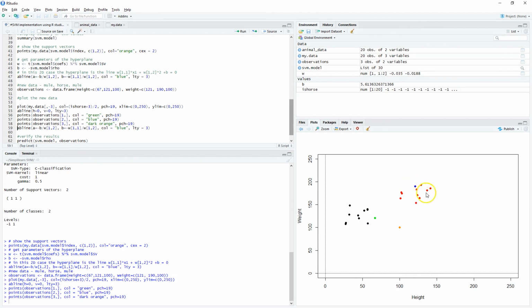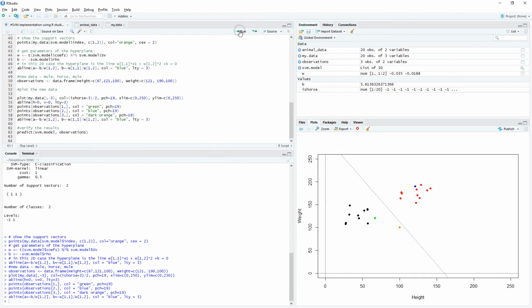The blue one kind of falls near the horses. And visually, we might conclude, hey, one's a mule, one's a horse. But what about the orange dot? For the orange dot, we really need our hyperplane. We really need something to clearly indicate which side it's on. And of course, by looking at this data visualization, you can tell that the orange dot is probably a mule.